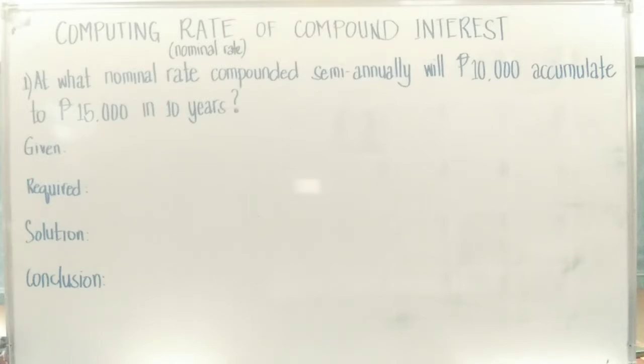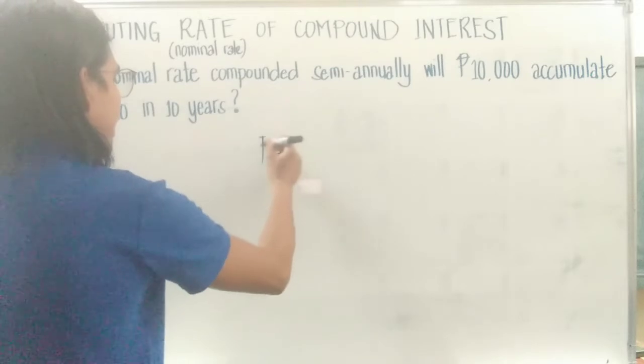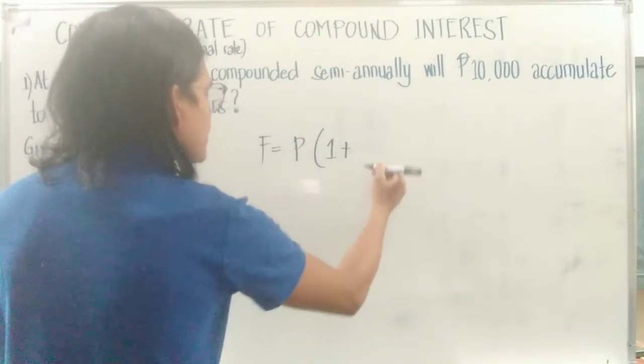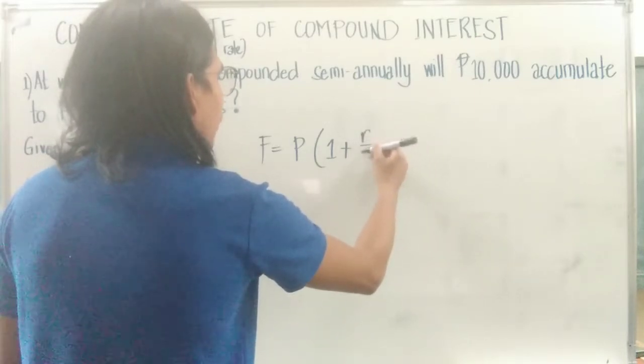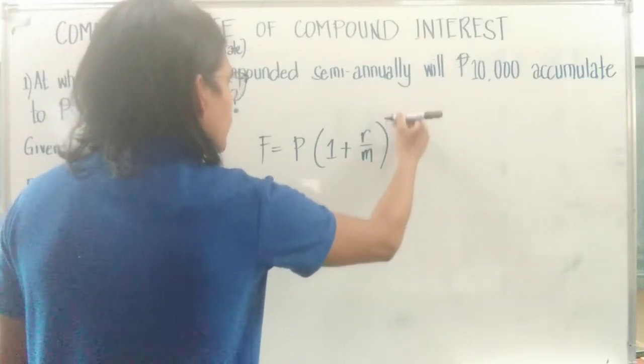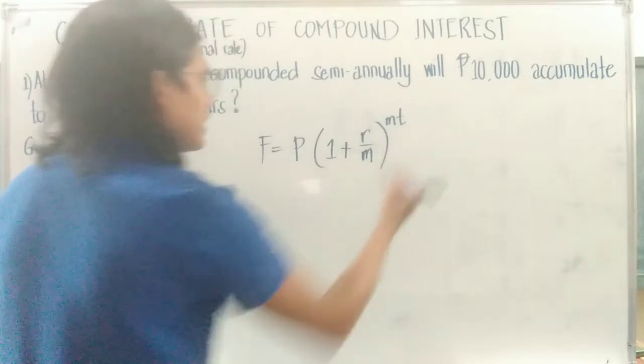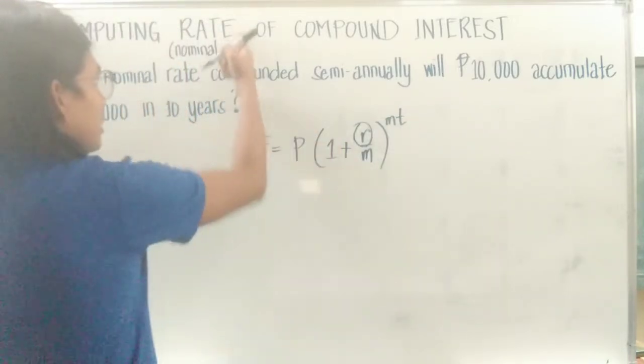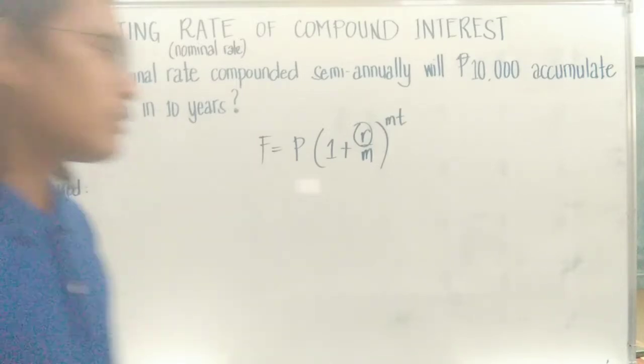Okay, so on our lesson about compound interest, going back to our formula F equal to P times the quantity of 1 plus R over M raised to MT. So rate R in here is your nominal or annual rate.